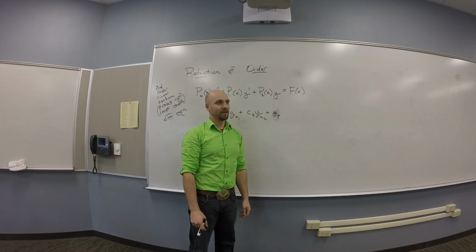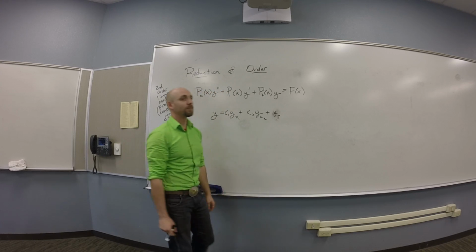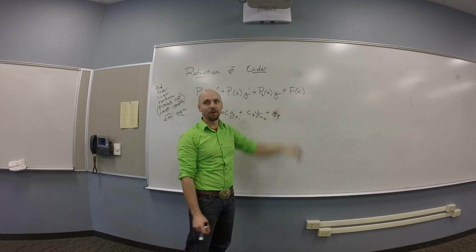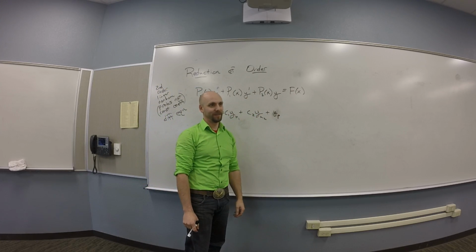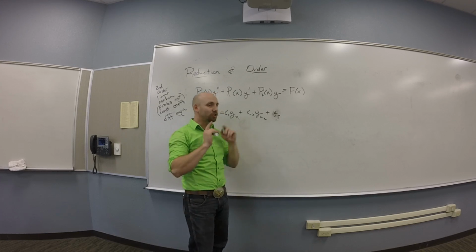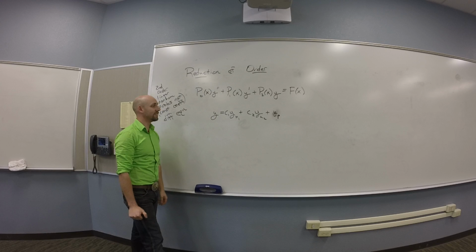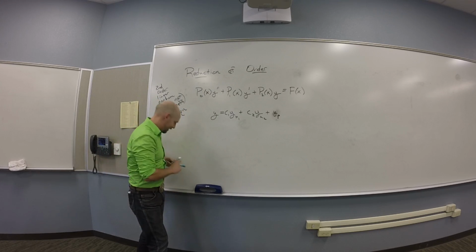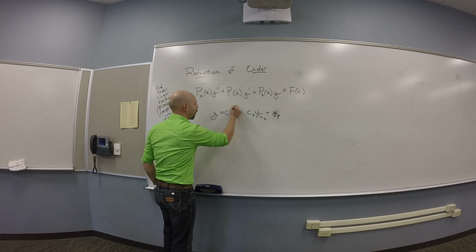You guys see this? So reduction of order is a cool trick because I don't care about the forms of P0, P1, P2, or F at all. This trick rests on an assumption that's not anywhere in evidence: you need one of these.